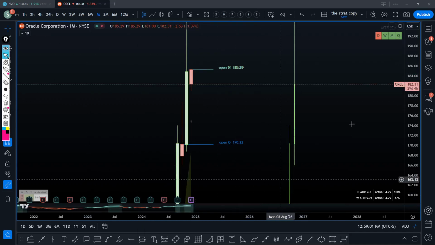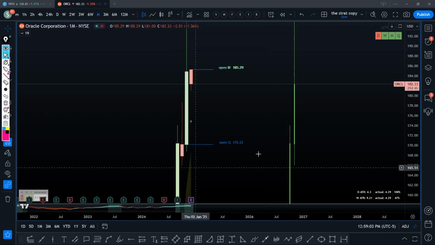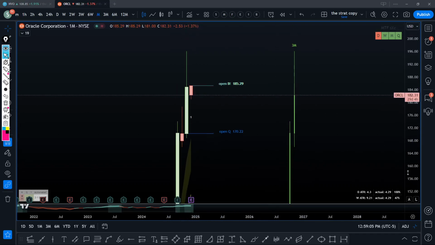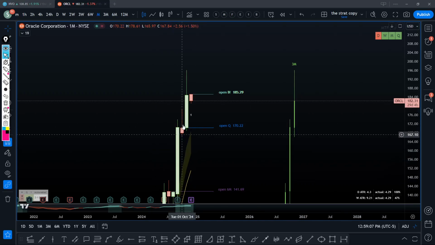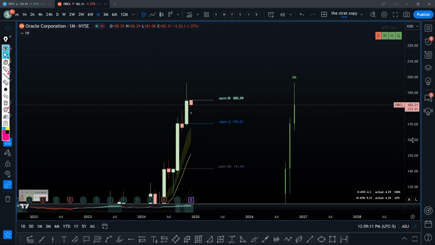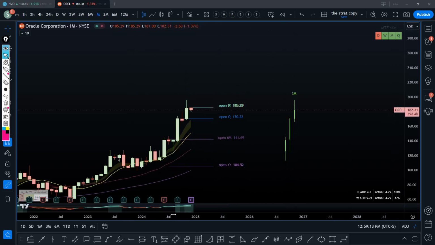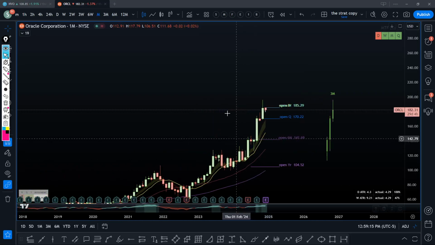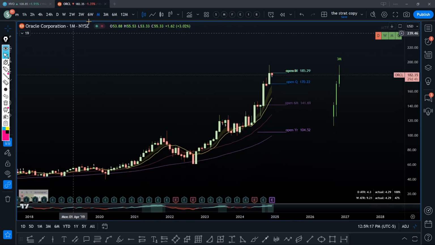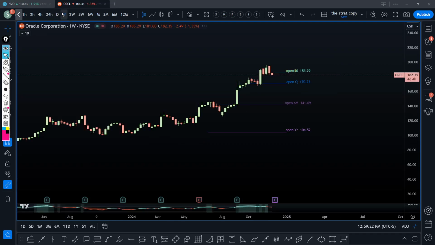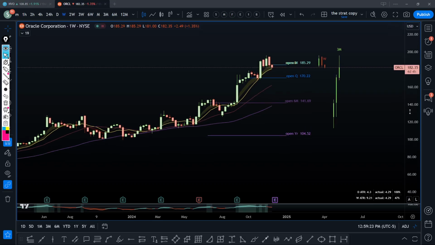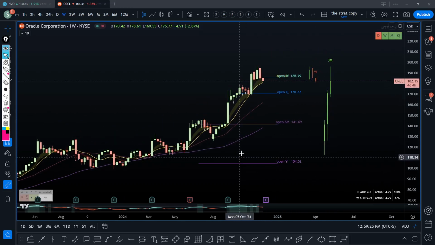On the month, it was a 2-up continuation from a failed 2-up. The 3 month is already triggered.